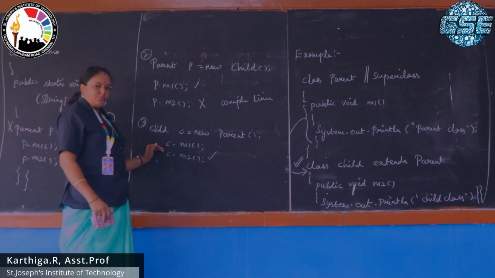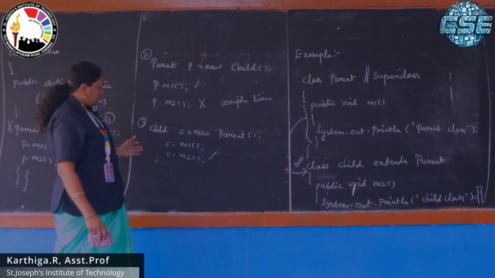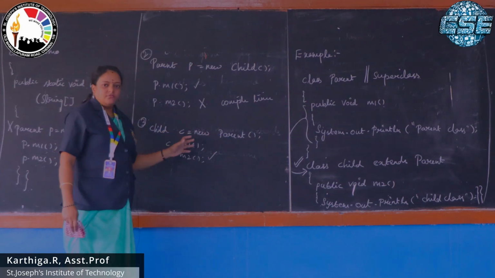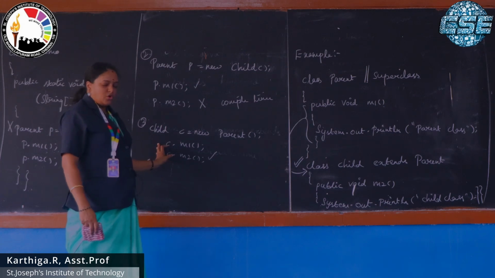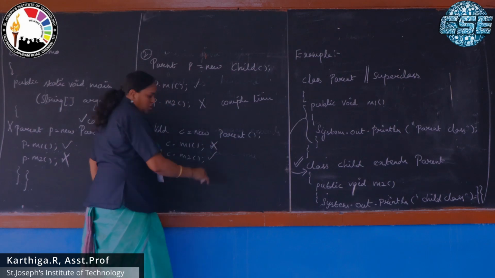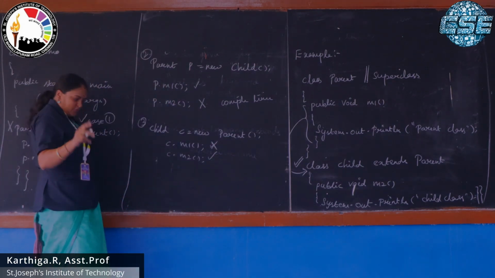But what about m1, which is declared in the parent class? As I said earlier, child and parent will not be used to declare class objects like this, so this will be wrong. This is also a syntactical error. Next, case 4.